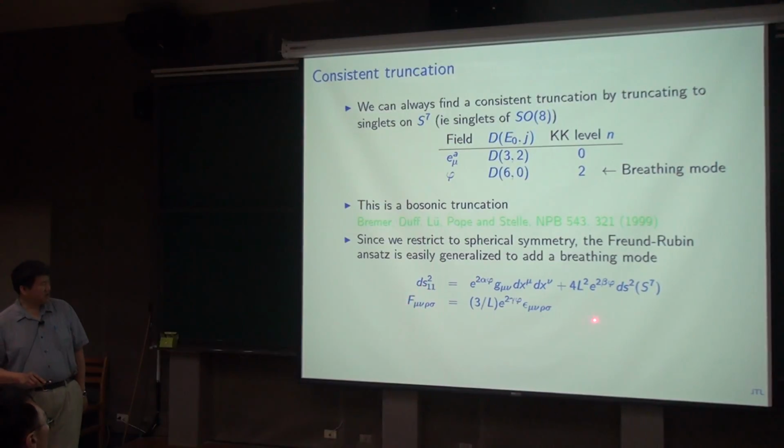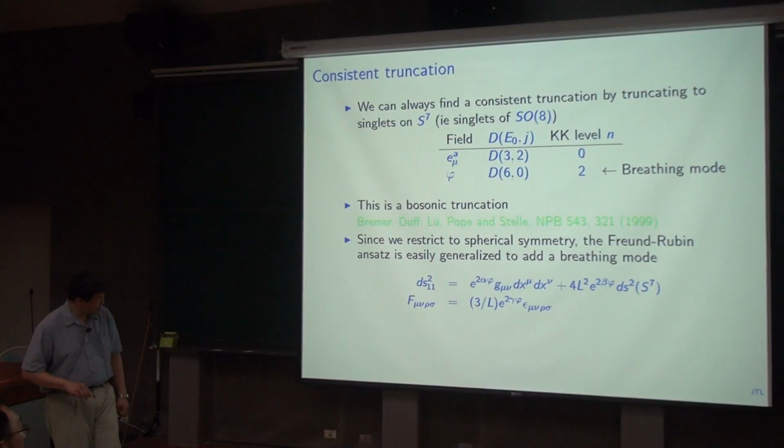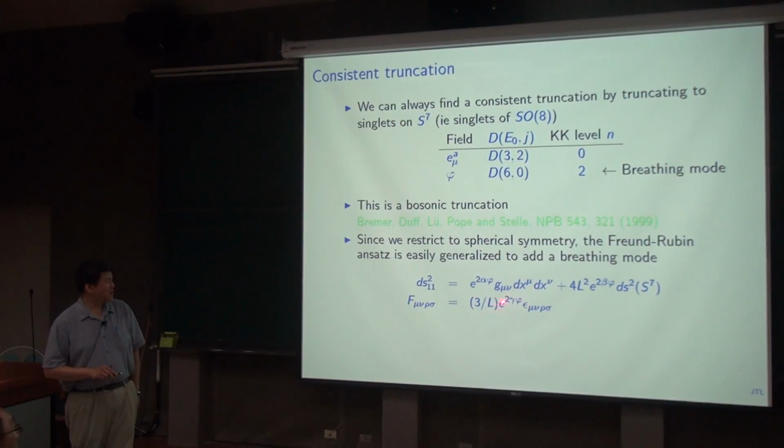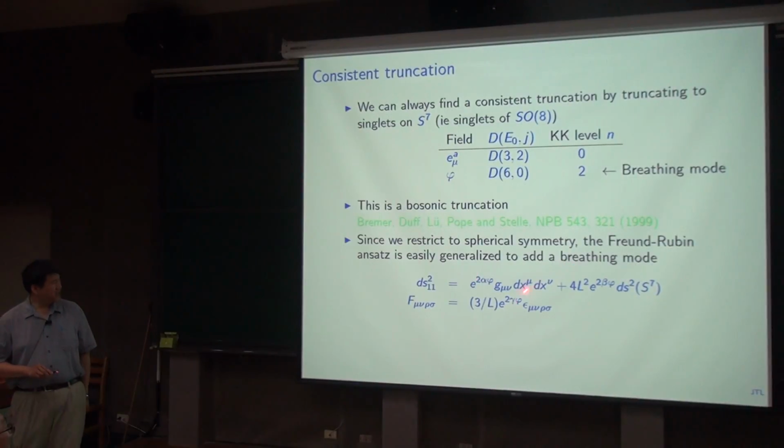And the four-form field is proportional to a volume form. So this is the curved space epsilon tensor over here. That's the four-dimensional volume form. And compatible with symmetries, I'm going to allow myself to put in a breathing mode factor here as well. So I've inserted one breathing mode scalar phi, but I've done so with three constants, alpha, beta, and gamma.